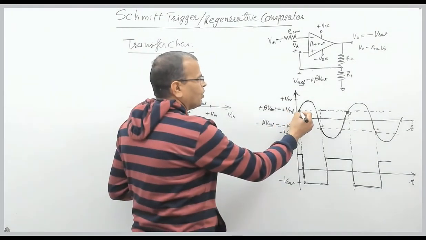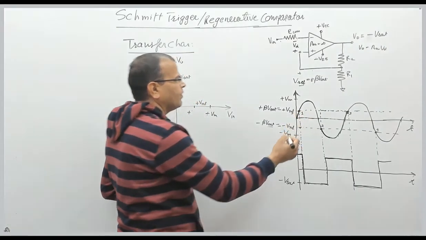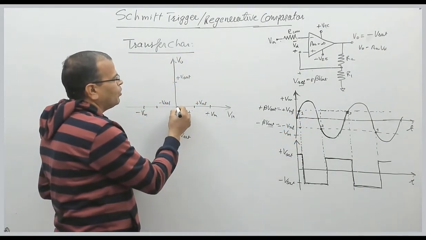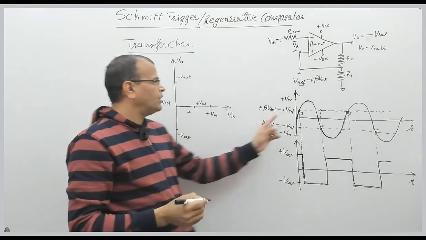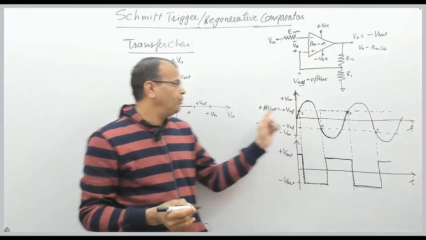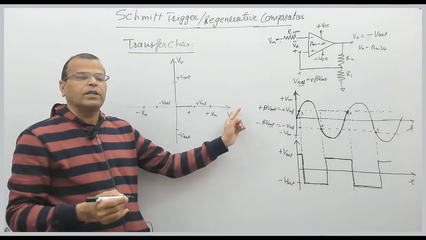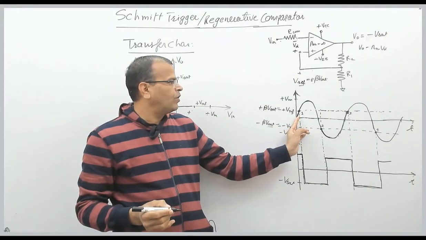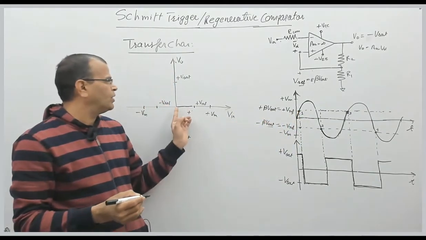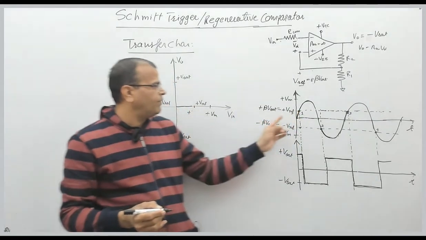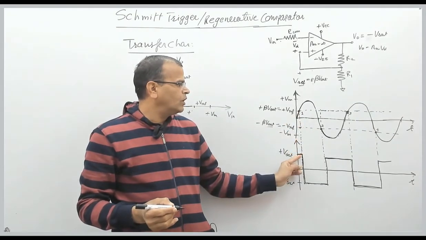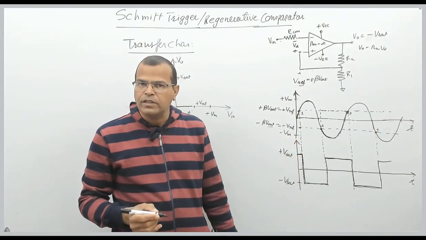When input voltage is less than Vref, come here. Input voltage is positive first of all, so it is on this side. When input voltage varies from 0 to plus Vref, what is the output voltage? Plus Vset.